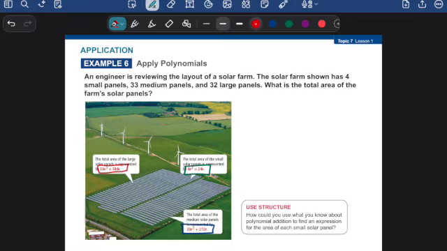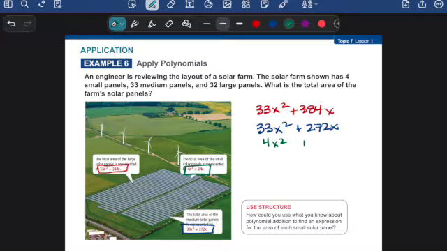So let's rewrite them. We're going to have 33x squared plus 384 x's. Then I'm going to combine the medium, and I'm going to line up my terms as I'm writing this. 33x squared plus 272 x's. And then I'm going to line up my small panels. I have 4x squared and I have 24x's.